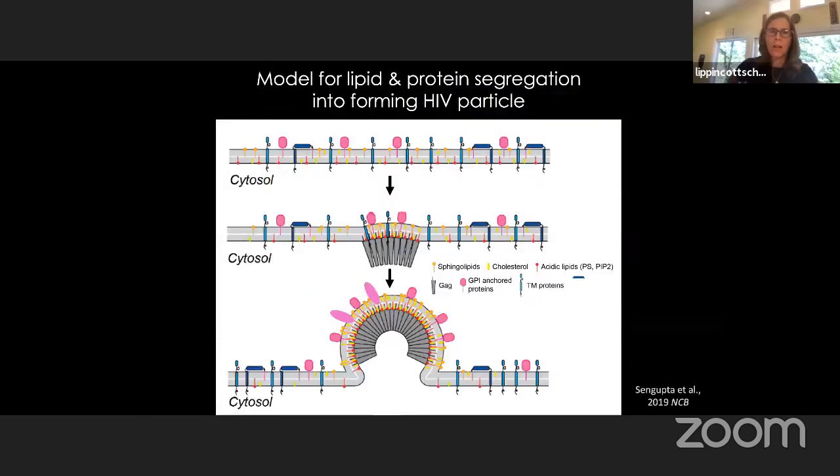So basically our model for lipid and protein segregation into forming HIV particles is one where you have a scaffold, GAG, that undergoes oligomerization.